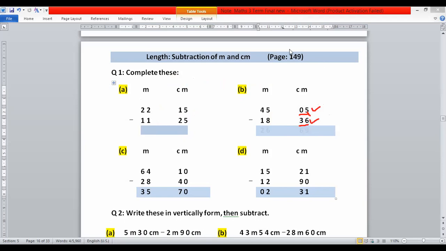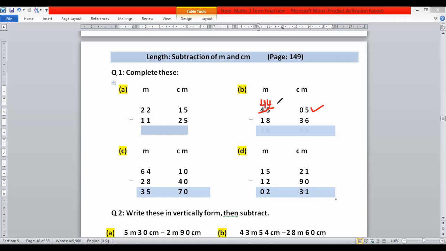So therefore, first we will make these centimeters bigger than 36. So for this purpose, we have to take 1 meter from next. Here we have 45 meters. So when you take 1, you get 44 meters here.